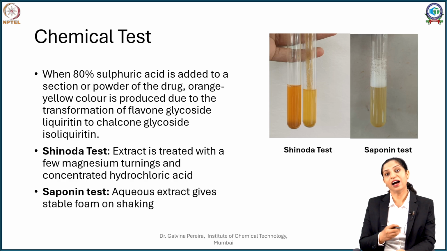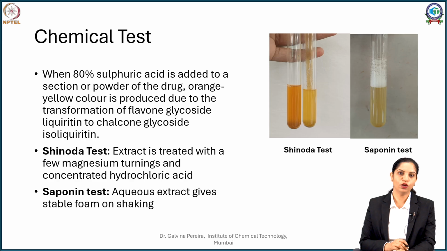If you take the alcoholic extract of this plant, that is, you take the plant powder and boil it in alcohol, and to that you add magnesium turnings in the presence of concentrated hydrochloric acid, reduction of flavonoids takes place and they get converted into anthocyanins. These anthocyanins are colored compounds and give you colors ranging from orange to pink depending upon the nature of the flavonoids.